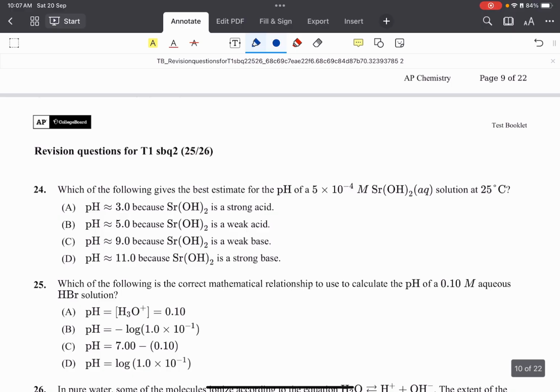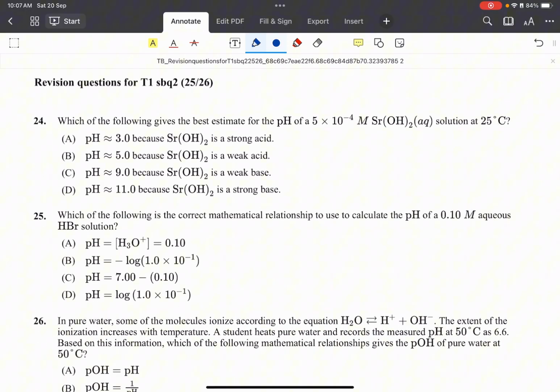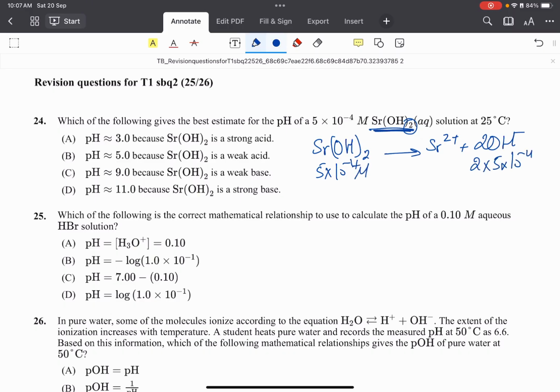Which of the following gives the best estimate of pH of a strong base? So again, when this base ionizes, it's going to give me 2 OH minus. So the concentration that you have here is going to be doubled over here. They want the pH.